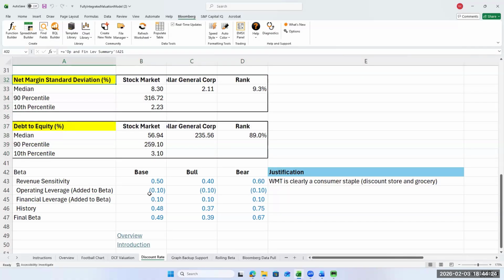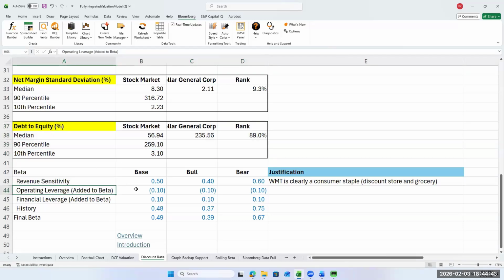So what I look at is, I forget how I did this, but wait. I look at how volatile their net margins are. For Dollar General, their net margins are very, very stable. And then I look at their debt.